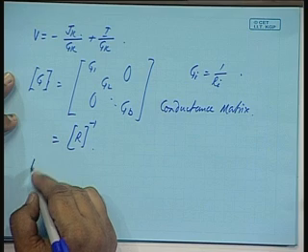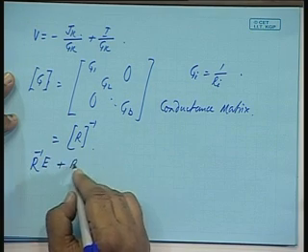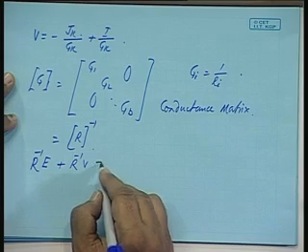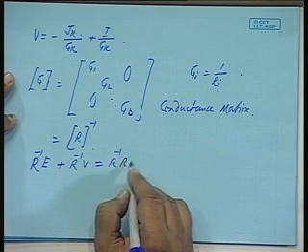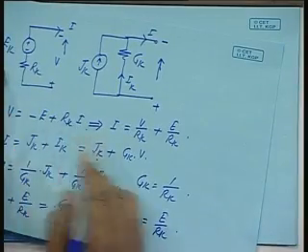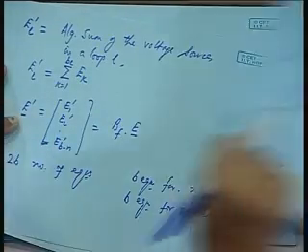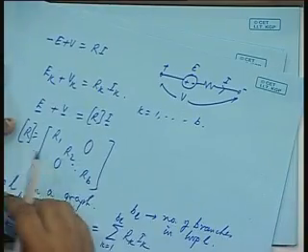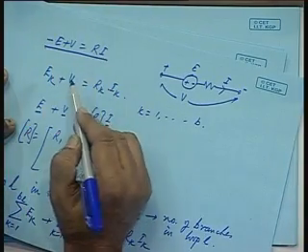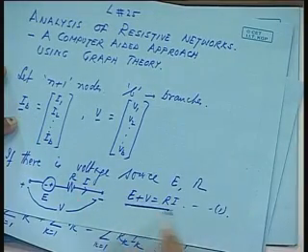Thus, we can write R inverse E plus R inverse V is equal to R inverse R into I. I have just taken the first equation, rather this equation, and multiplied by R inverse both sides.